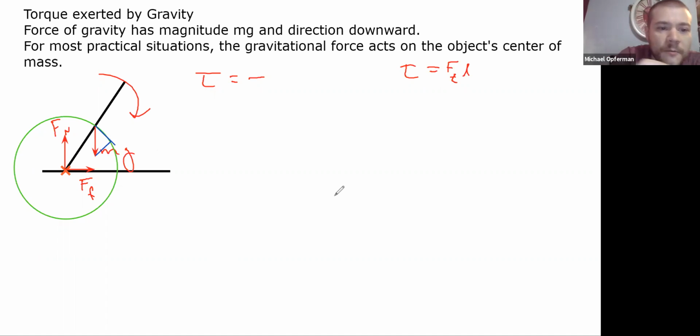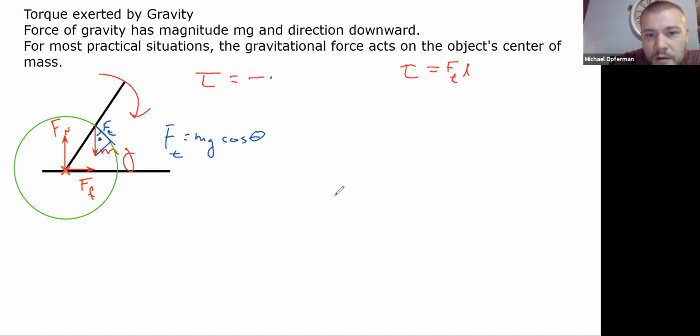So the tangential component of the gravitational force would be this side here. I haven't given you an angle in this problem, but let's say that you knew this angle here is theta. You would have Ft equals mg cosine of theta based on my drawing there.